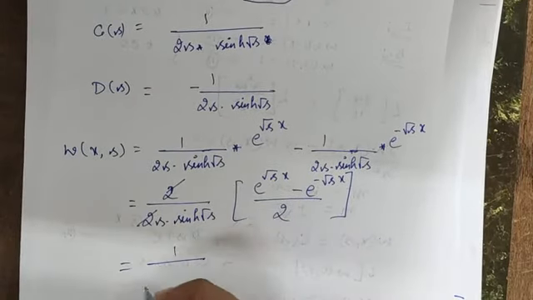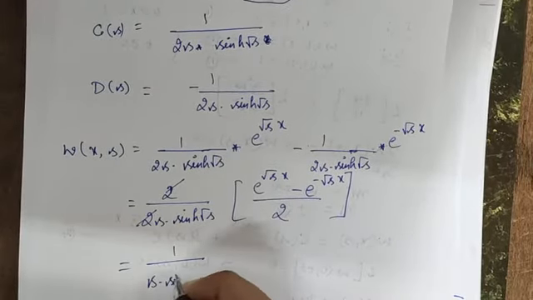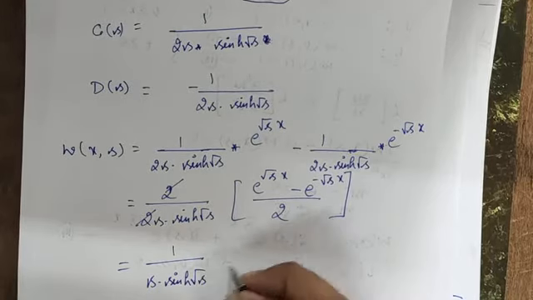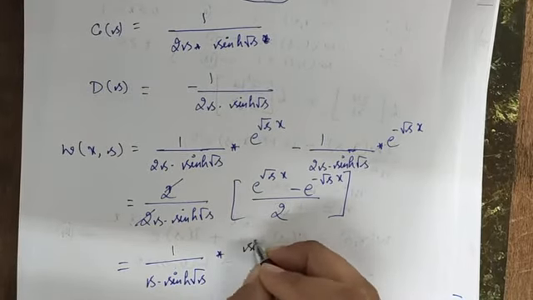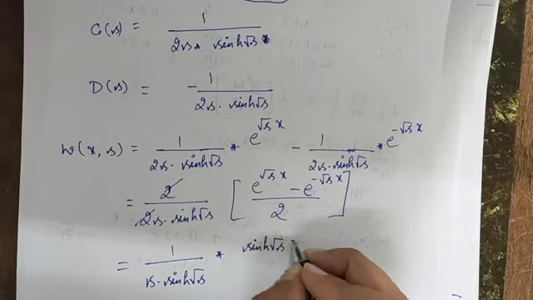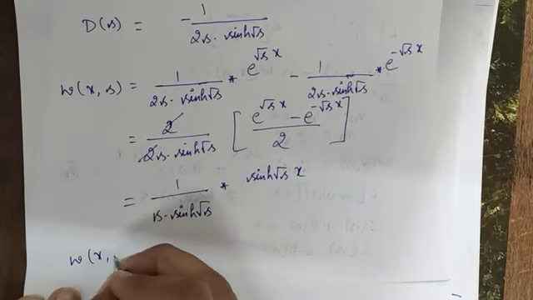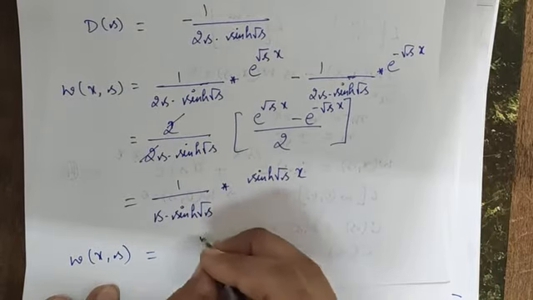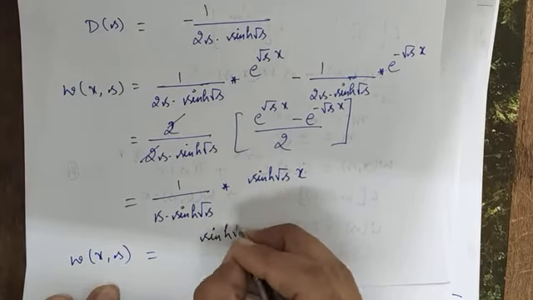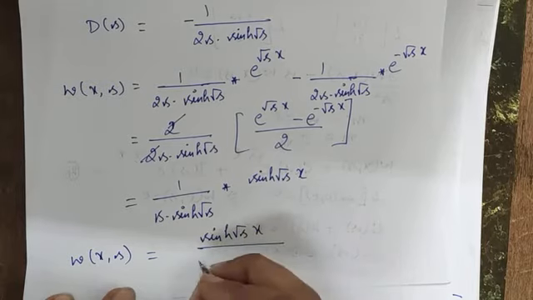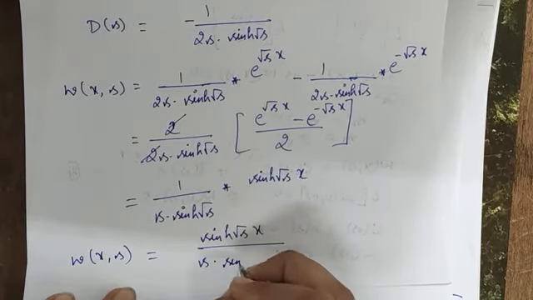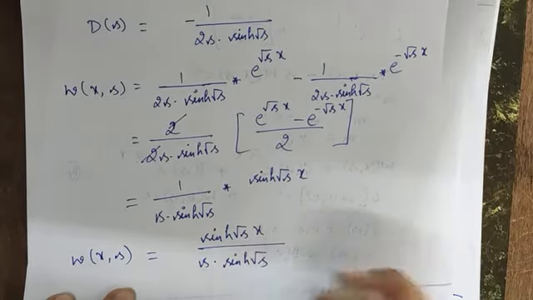You will get 1 over s into sine hyperbolic root s into sine hyperbolic root s x. Correct? So omega of x comma s is sine hyperbolic root s x by s into sine hyperbolic root s.